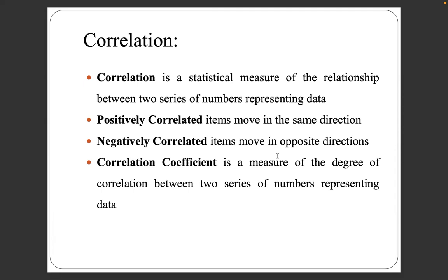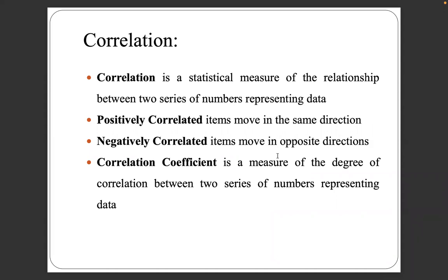If it is closer to 1, that means a strong relationship; if it is closer to 0, a weak relationship. If it is positive, close to 1, then they are moving in the same direction. If it is negative, then they are moving in the opposite direction.